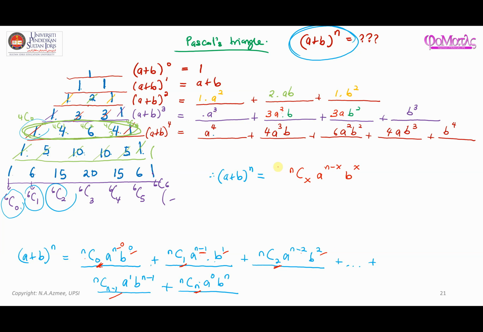And we can consider sigma notation where x is equal to 0 until n. So here we have it starts from 0, 1, 2 until n, so we know that's the value of our x here. a^(n-x): n minus 0, n minus 1, n minus 2, and so on.